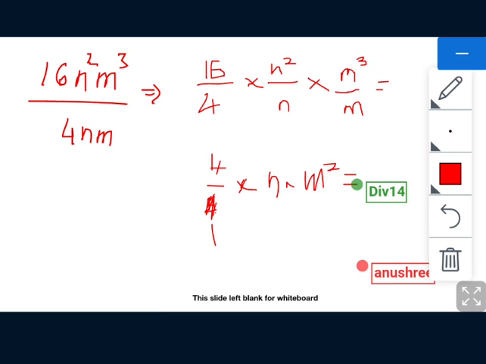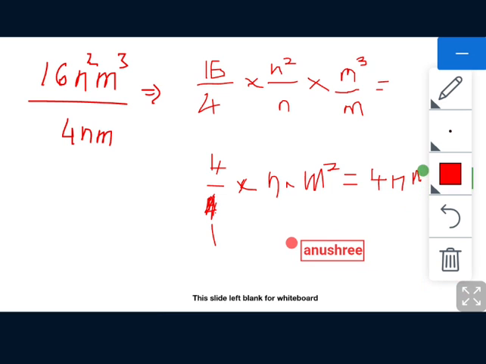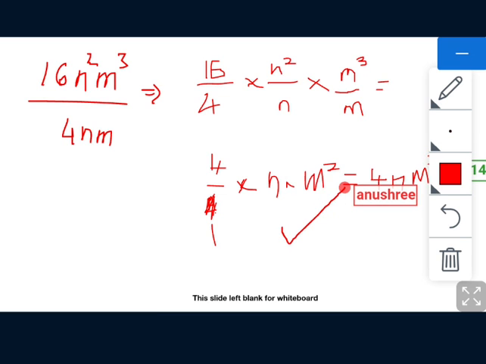Yes, so your answer is 4nm squared, right? That's correct.